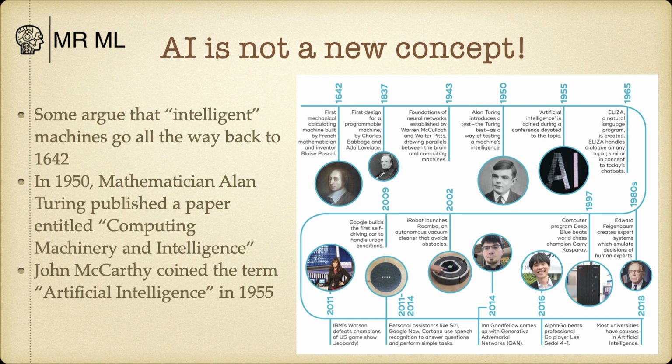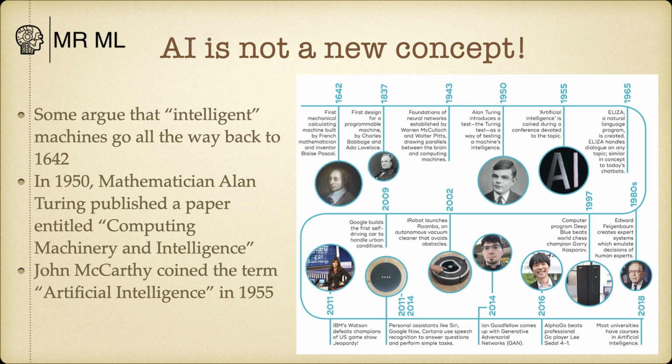In this case, Alan Turing published a paper entitled "Computing Machinery and Intelligence," and Turing is considered the father of computer science. So he is one of the pioneers of computing in general. Later, John McCarthy came up with the term artificial intelligence in 1955.